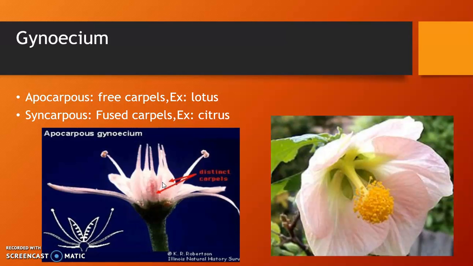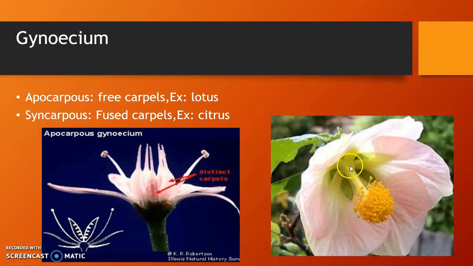And next we will come to the gynoecium. Gynoecium is the female part of the flower, and there are two types of ovary. Gynoecium is otherwise called the pistil, and there are two types, namely apocarpous. When the carpels are free, it is said to be apocarpous. So it can be seen in lotus. So here you can view the free carpels in this flower.